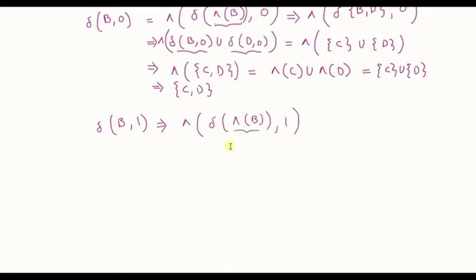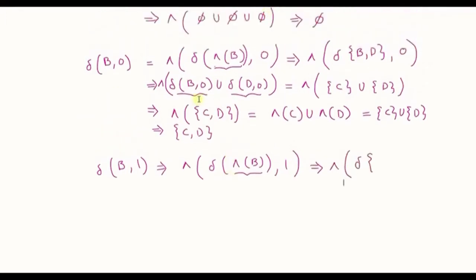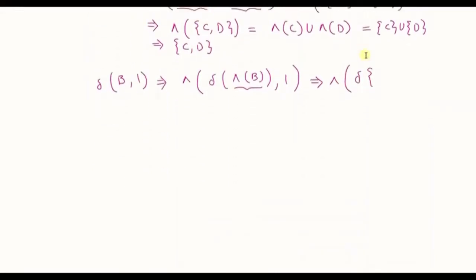Again, what is epsilon closure of B? In the previous example we have already seen that it is B comma D. So I will write the same thing here: epsilon closure of delta of B comma D, comma 1.